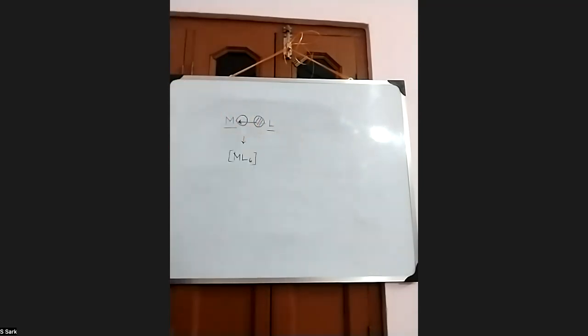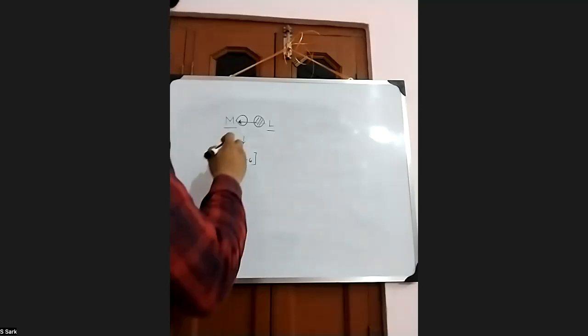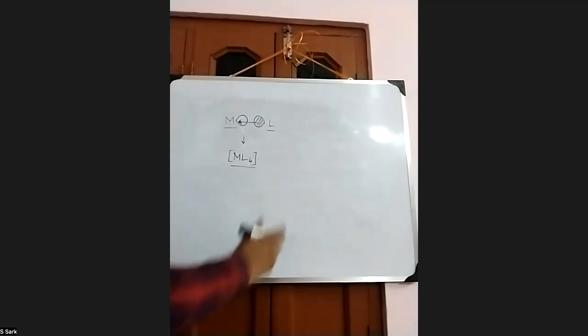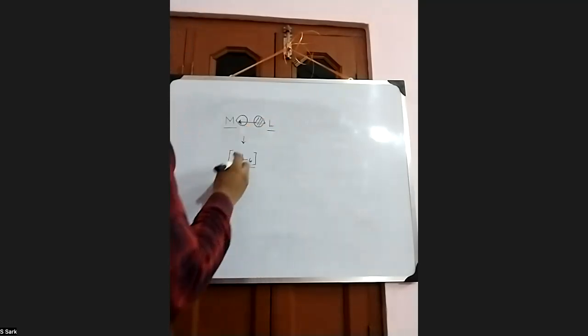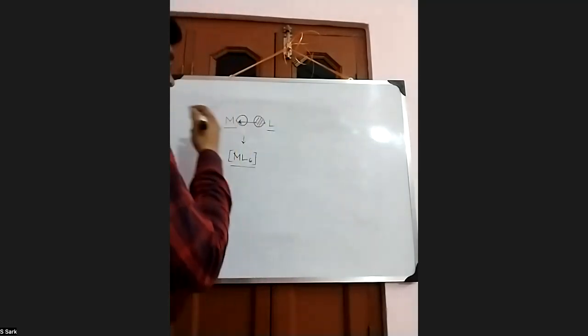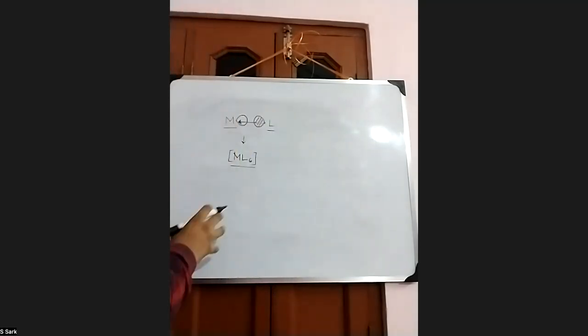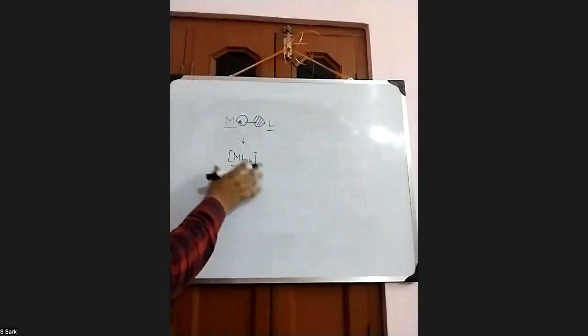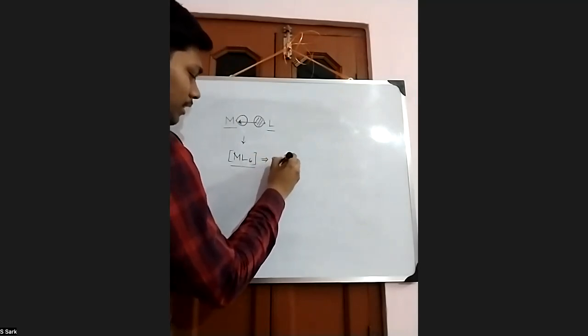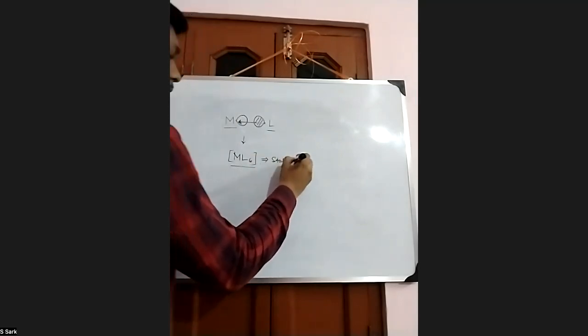So this is why ligands are very important. Ligands are nucleophiles which donate their electron to make a complex, and after formation the complex is much more stable than its previous form because of the hybridization that took place. So this is how ligand is very important in our chemistry.